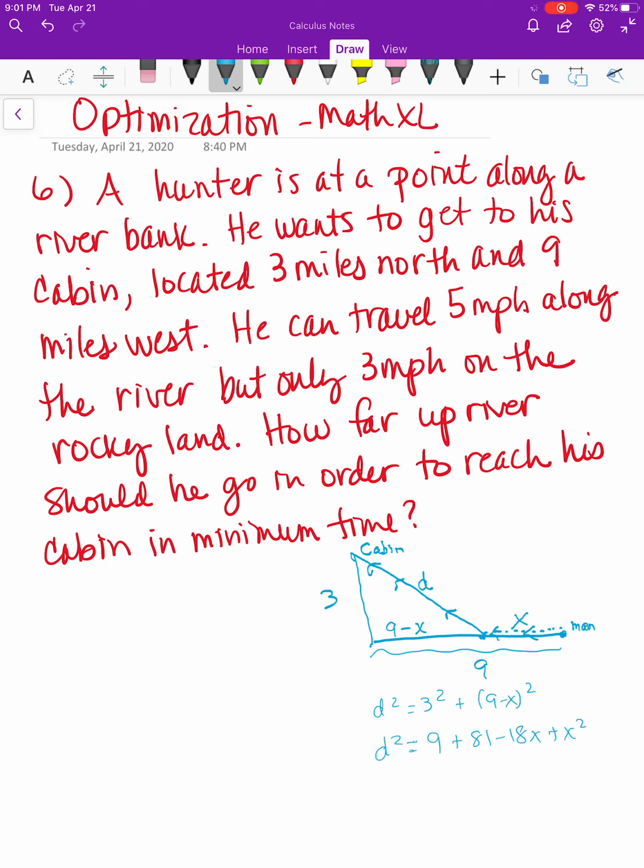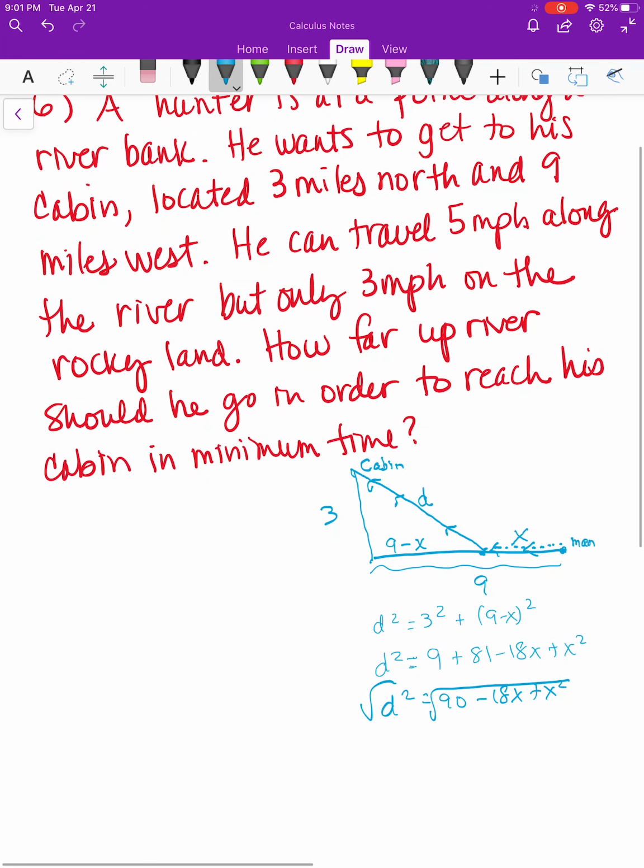First thing I'm going to do is write an equation for this triangle right here. And I can see that my d squared equals 3 squared plus 9 minus x squared. So d squared equals 9 plus, this would be 81 minus 18x plus x squared. So d squared equals 90 minus 18x plus x squared.